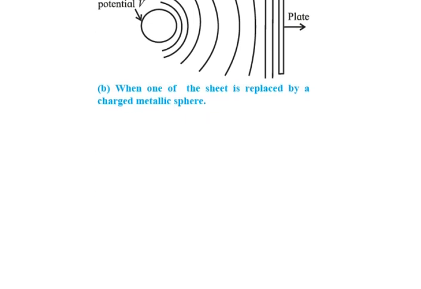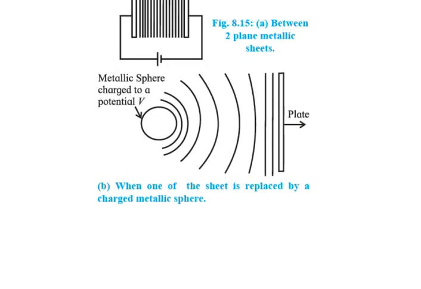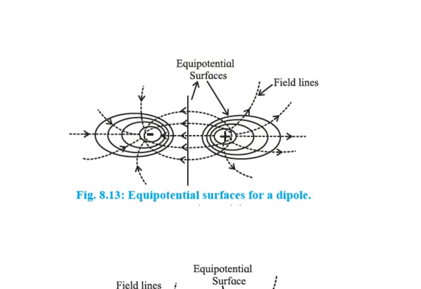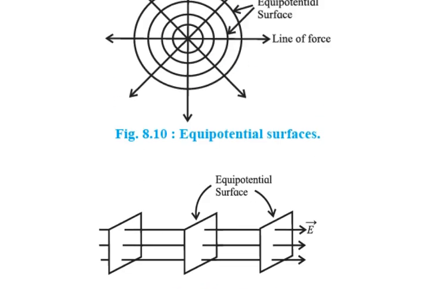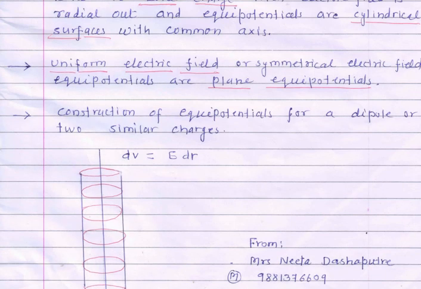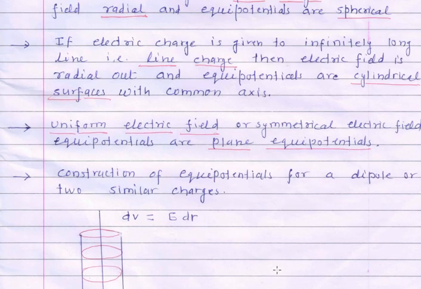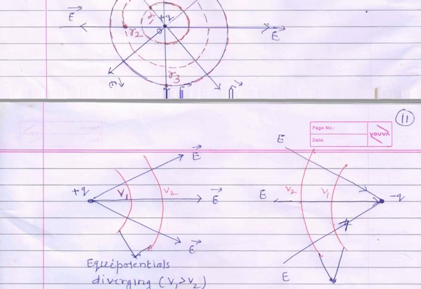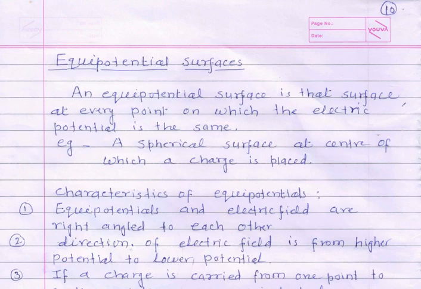This is simply how we can construct the equipotentials, depending on the basic relation that for equal potential, it is equal to the product of E and dr, right? So this is about the equipotentials and the shapes of the equipotentials.